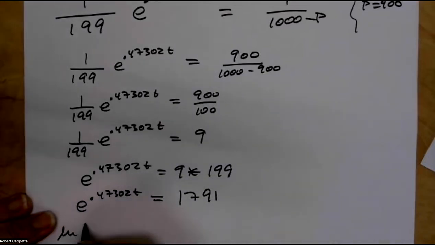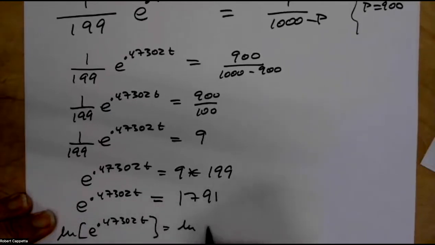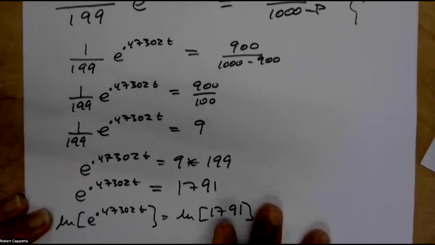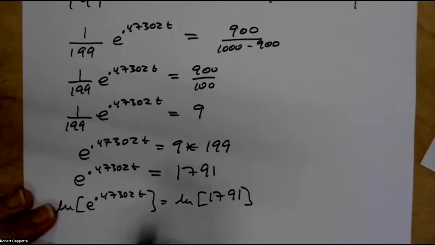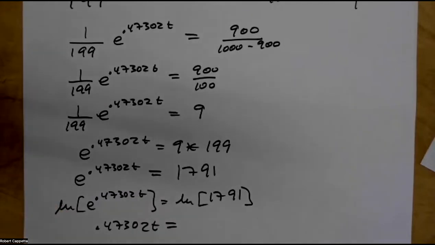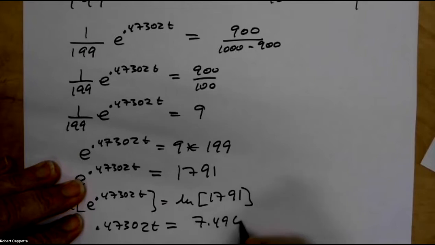So the natural log of e to the 0.47302t is natural log 1791. So we get 0.47302t. Natural log of 1791 is about 7.4905.